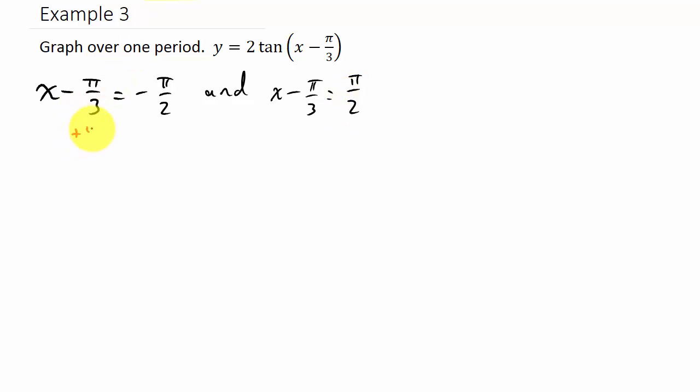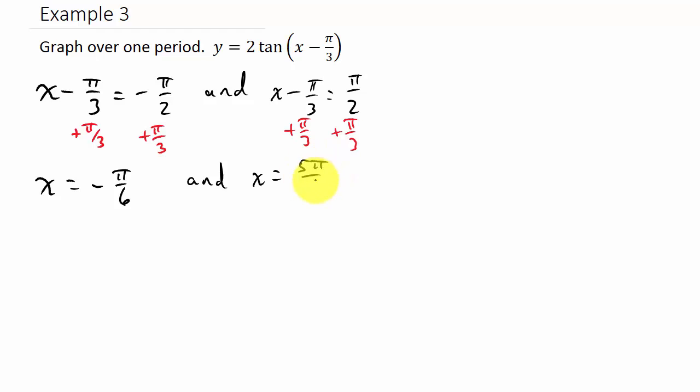So here I'm going to add pi/3 to both sides. So I get x equals, and so that's going to be, let's see, that's 6, so 2 minus 3, that would be -pi/6, and x equals, and then that should be 5pi/6. So there's my two adjacent asymptotes.